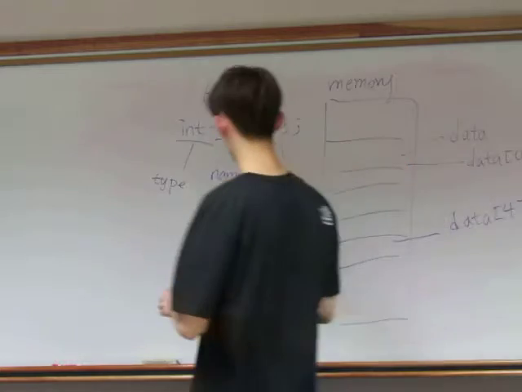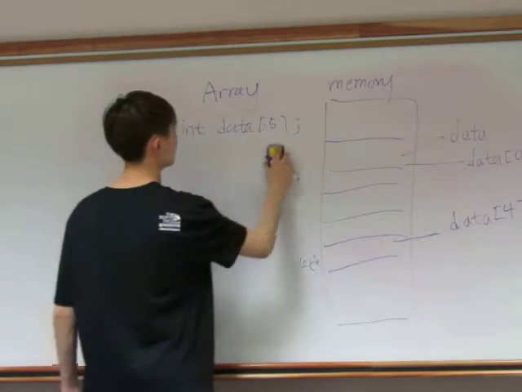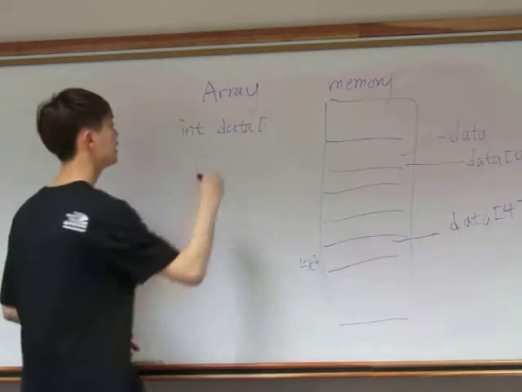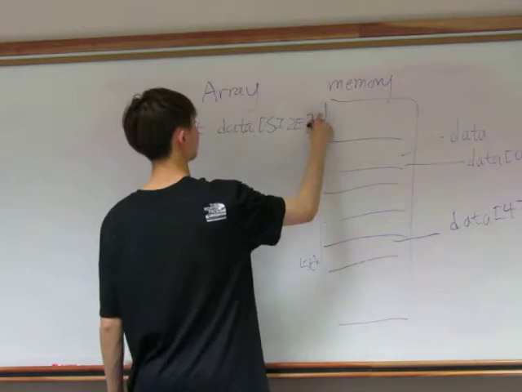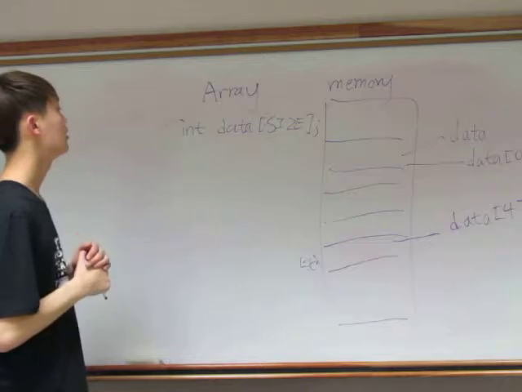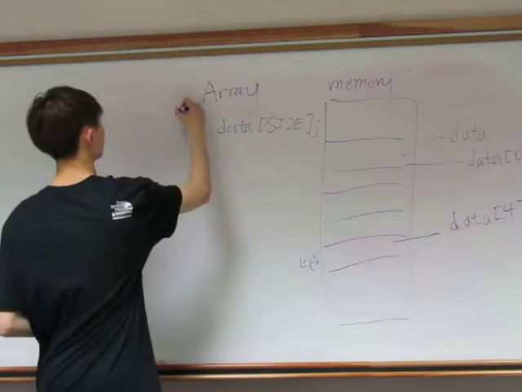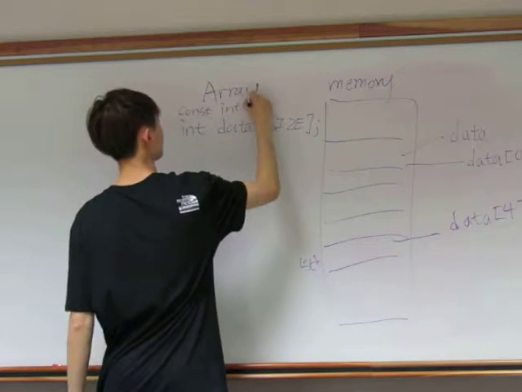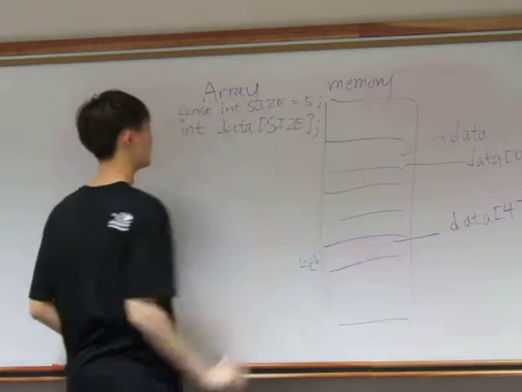Another way to declare an array is to put a variable inside. I put Size here, capitalized. This variable has to be a constant variable: const int SIZE = 5.